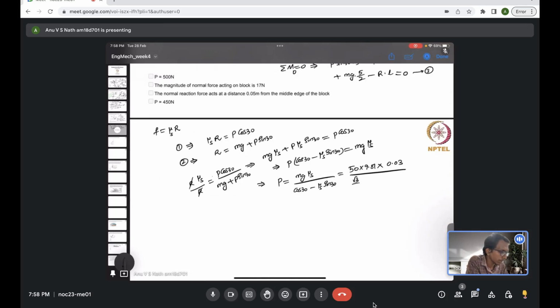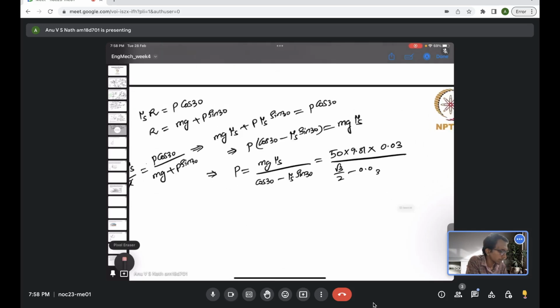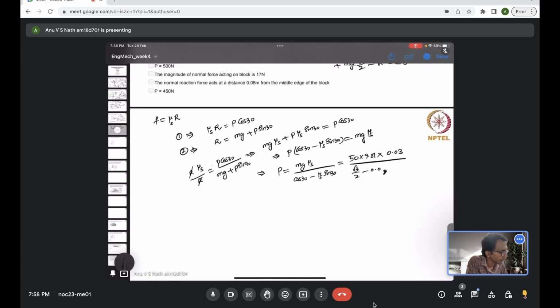Cos 30 is root 3 by 2, minus mu s, which is 0.03, times sin 30, which is 1 by 2.